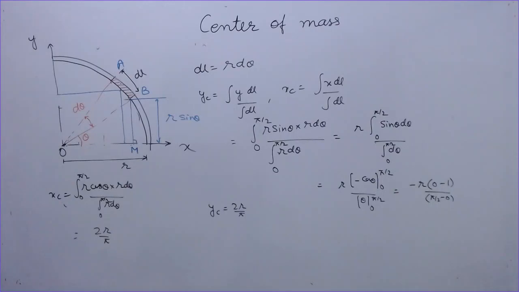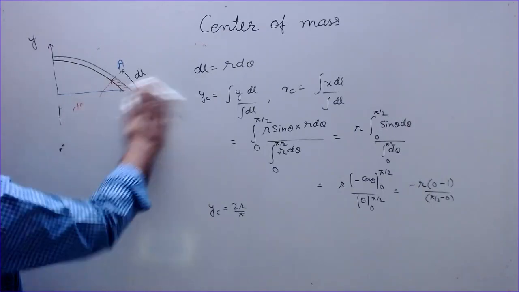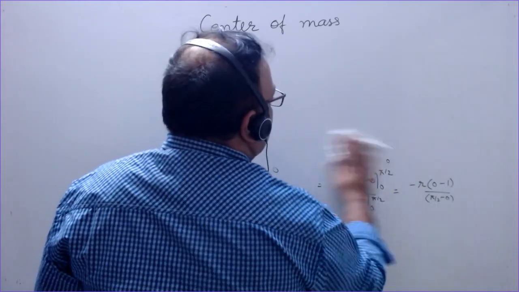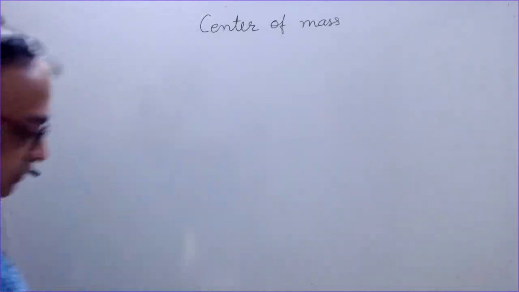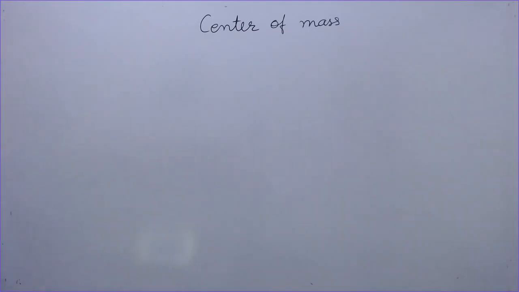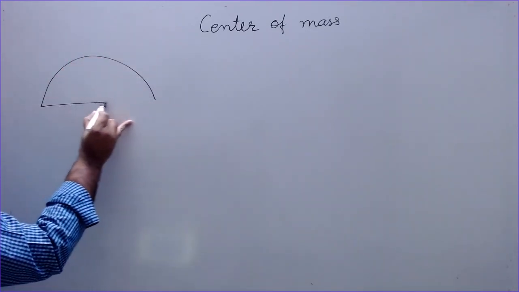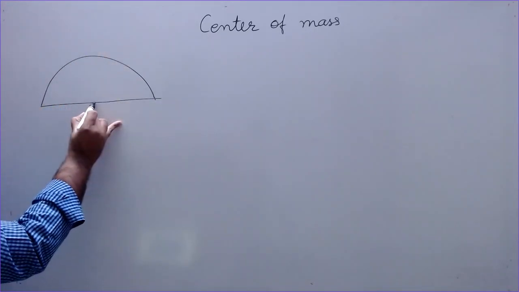Similarly, we can find the position of center of mass of a wire which has been bent in the form of a semicircle. Let us do that also. This is a wire of constant mass density, bent in the form of a semicircle. This is the center of the arc.